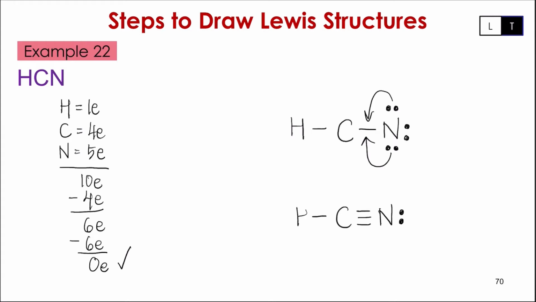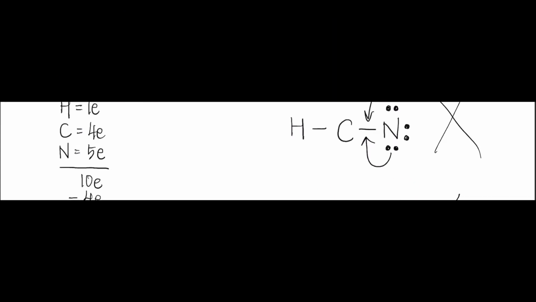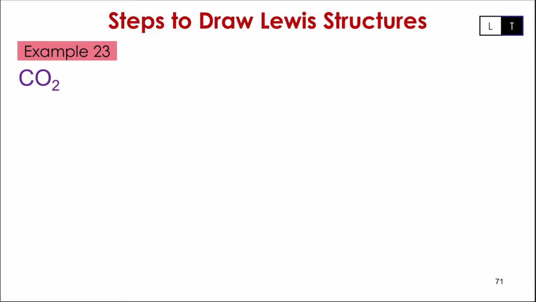Dan inilah structure for HCN, for its Lewis structure. You got triple bond between carbon and nitrogen. So kalau awak tinggalkan lukisan awak dalam bentuk macam ni, is it right? No, it's not complete yet for the Lewis structure. This is the correct one, di mana semua sudah duplet dan octet. Next, we go for CO2.